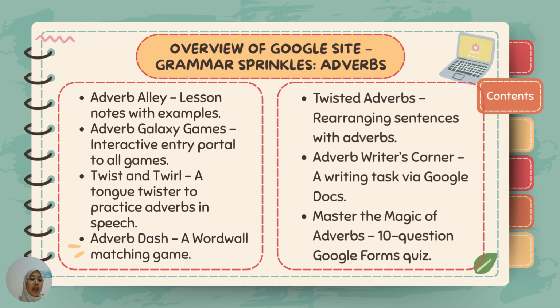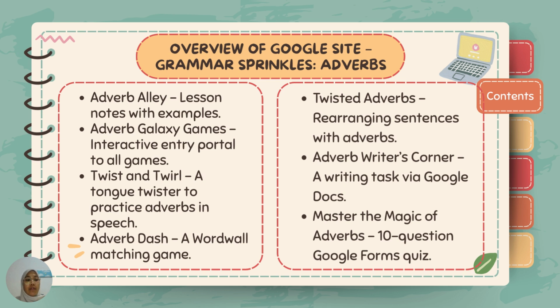We have a few things in here, which is Twist and Twirl, a playful tongue twister to practice adverbs in speech. And then we have Adverb Dash, a word walk matching game that pairs verbs with adverbs. And then we have Twisted Adverbs, a sentence rearranging activity to strengthen grammar skills.